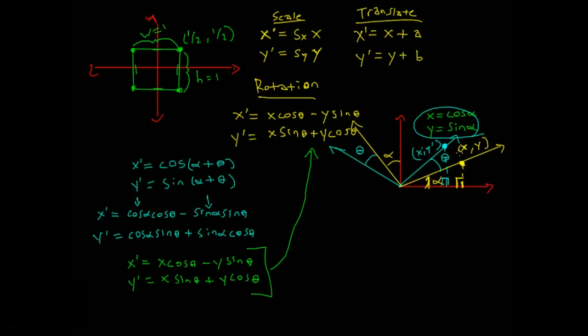If the initial rotation is 0, that means if the original point was on the x-axis or y-axis, then in that case alpha would become 0. So let me show this here. So if the original point was on the x-axis or y-axis like this, the alpha will become 0.